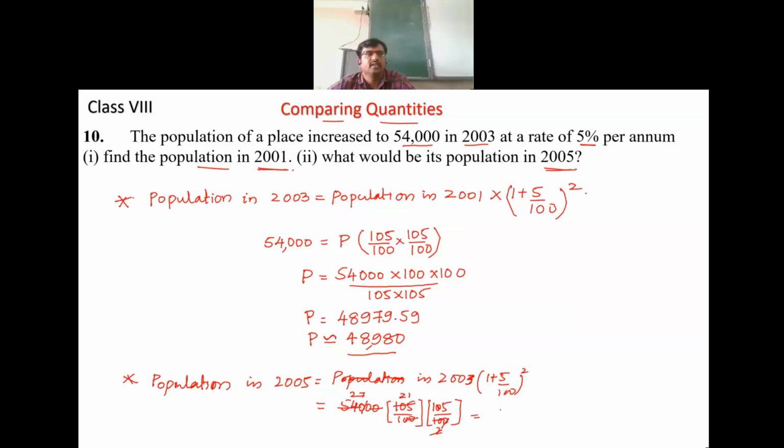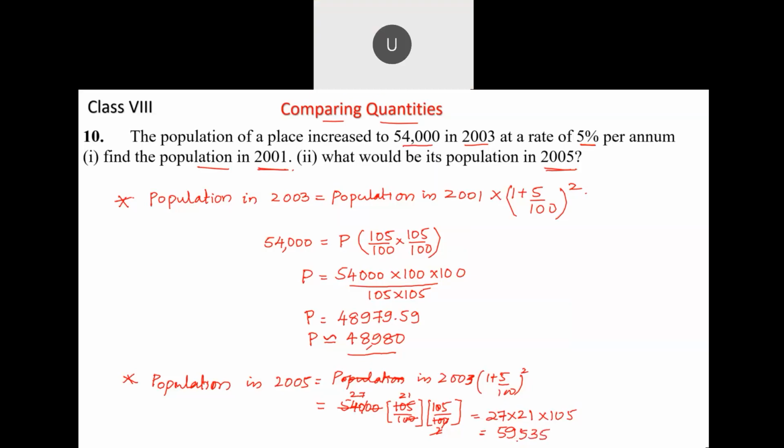So finally what we get is 27 multiplied by 21 multiplied by 105, which is 59,535. So here there is no approximation. We get the exact answer.